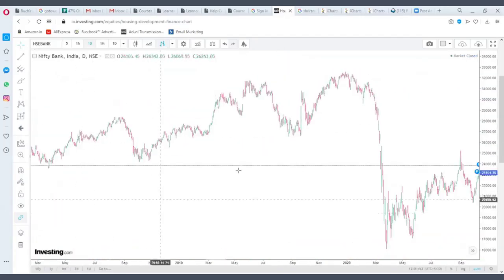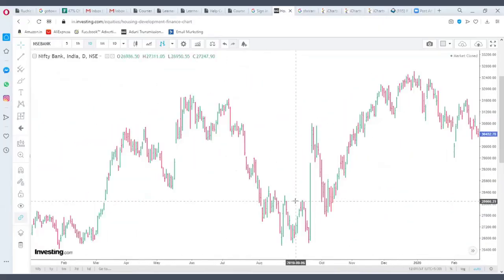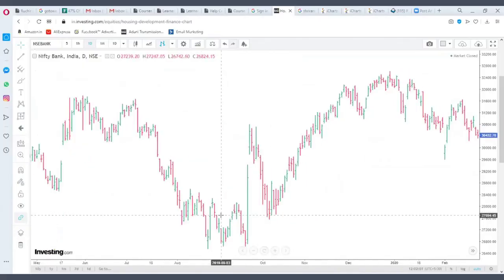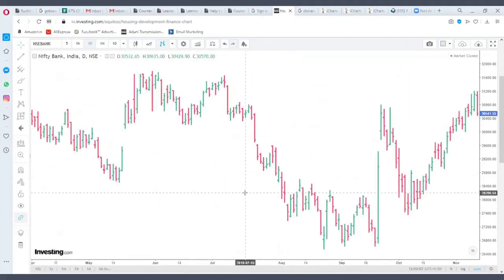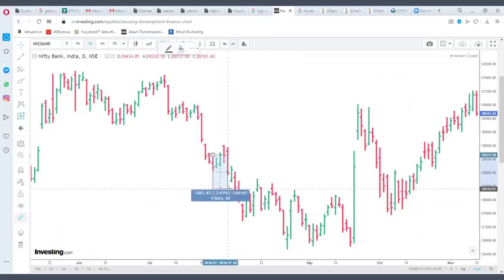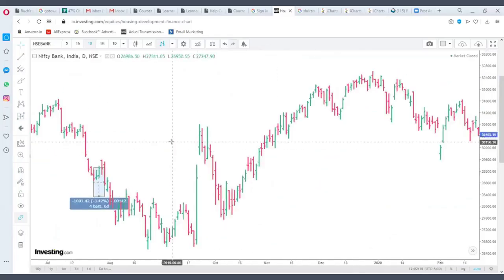So I'm removing the volume. What we see here is that the cycle was bullish, and what we see here is that it started falling from there.